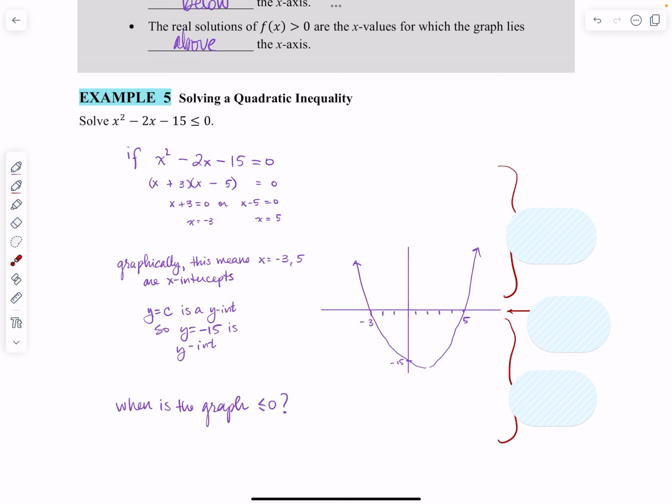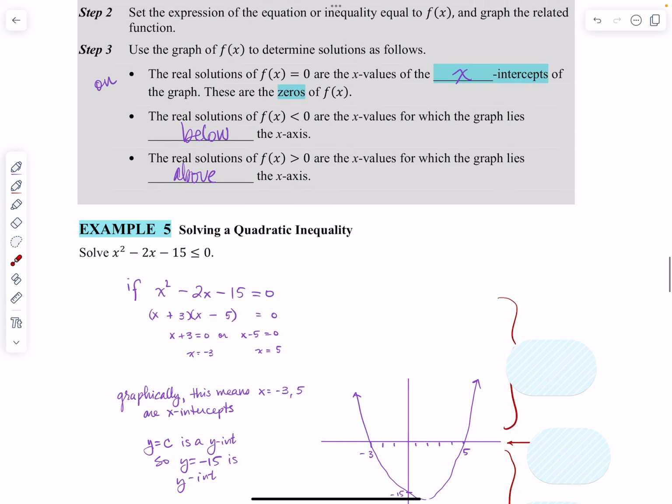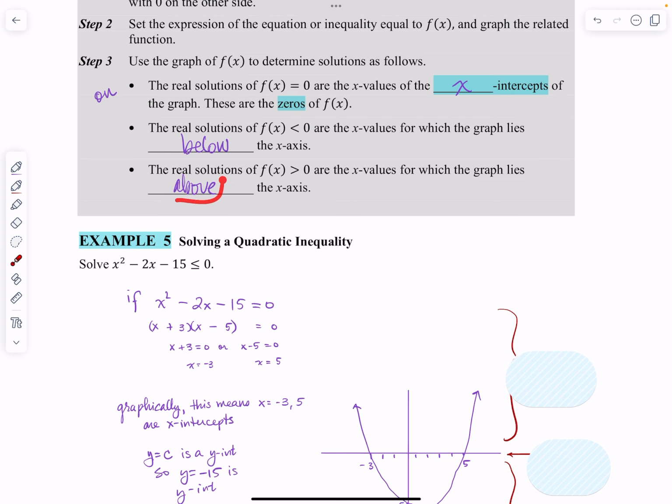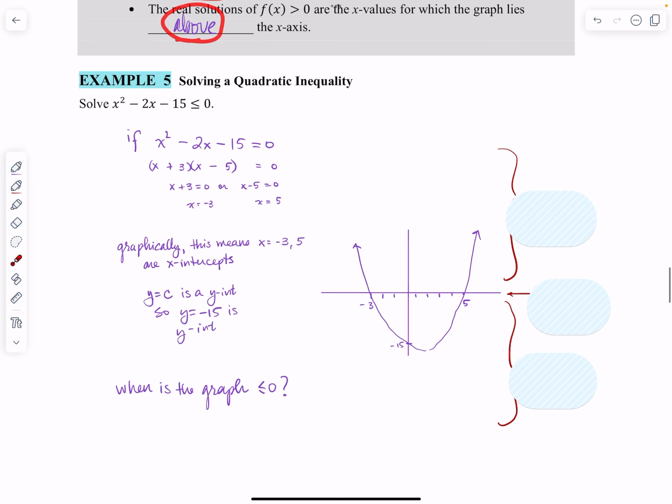Now, what we're being asked for is, where is our graph less than or equal to 0? So I want you to start thinking about this concept of above, on, and below. When I look at the x-axis, anything that is on the x-axis is, well, on the x-axis. Everything that you're seeing here is above the x-axis, so this is where my graph is greater than 0.